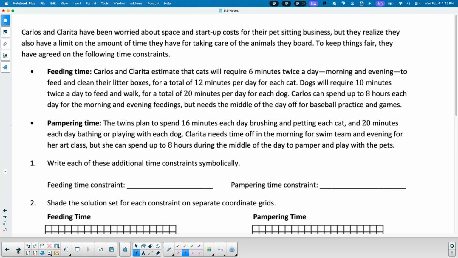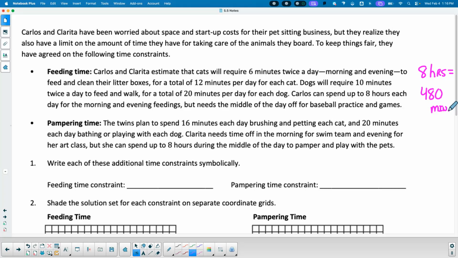So 8 hours is how many minutes? Close. 480 minutes. Yep. Okay? Because it's times 60. 8 times 6 is 48. Throw on the 0 for the 60.